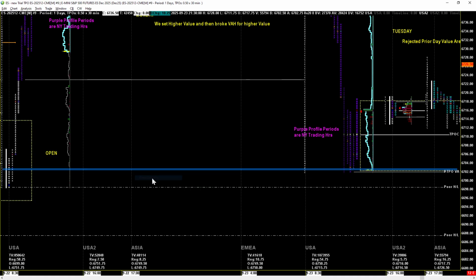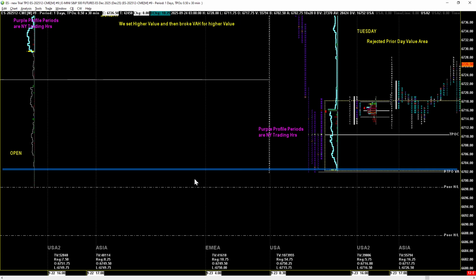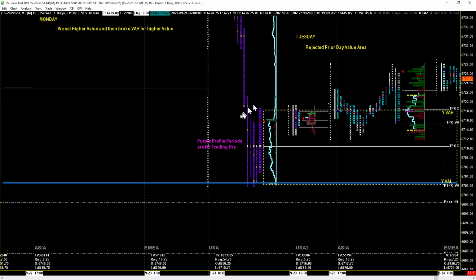But that said something very interesting. So we found value here for 1, 2, 3, 4, 5 periods. That's 2.5 hours of it after we have the move back down, and we have acceptance of value from 18 down to 02.